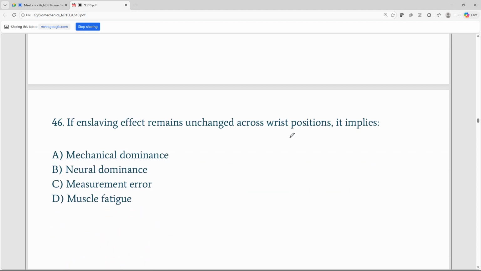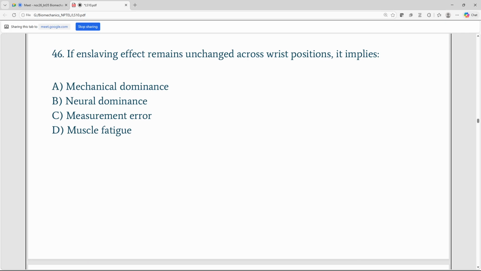Next question: if enslaving effect remains unchanged across rest positions, it implies which among the following?